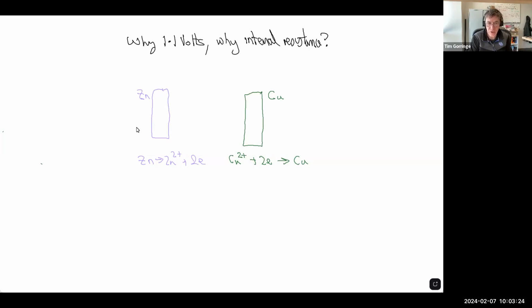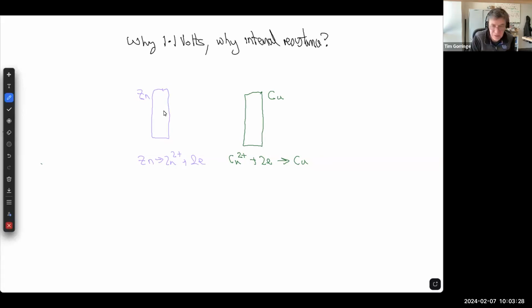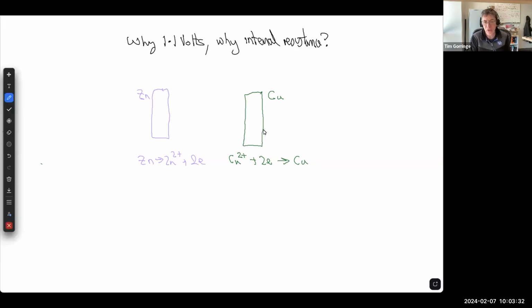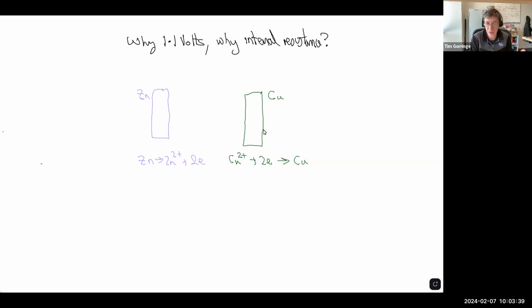Zinc atoms are turning into positive zinc ions and releasing electrons. On the right-hand electrode, the copper ions in the solution are being atomized. So they may be made neutral by taking two electrons from the copper electrode.